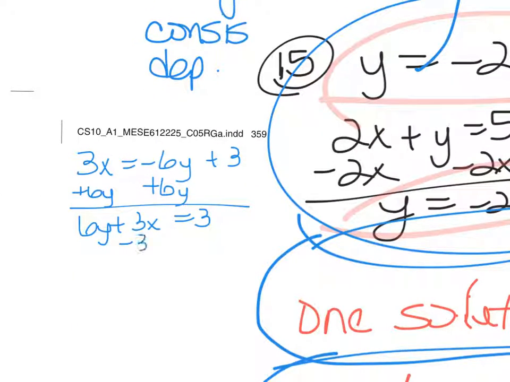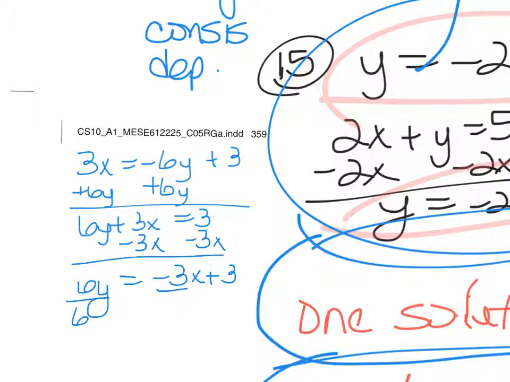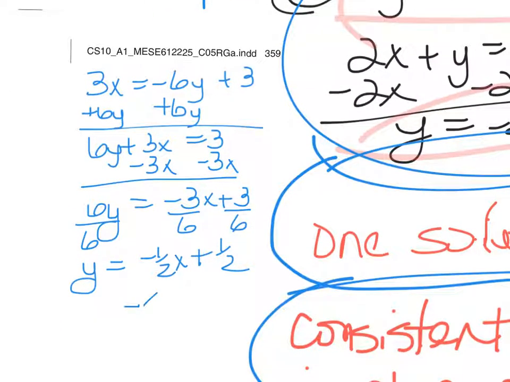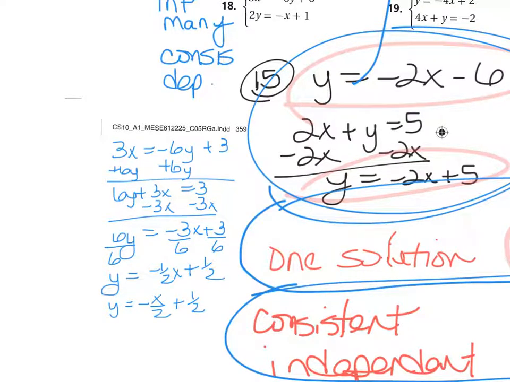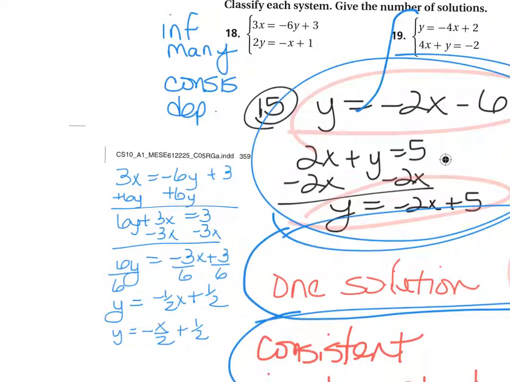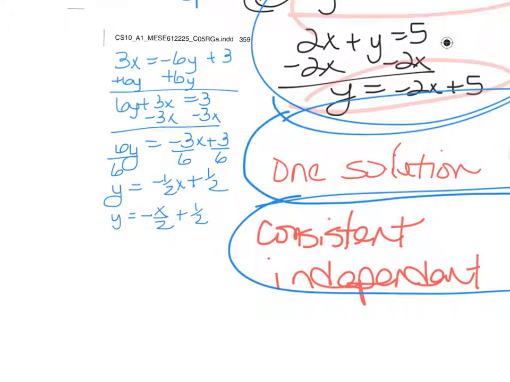Then you're going to move the 3x. 6y equals negative 3x plus 3. Divide everything by 6. And this actually turns into negative 1/2 x plus 1/2. Or if you left it as x, you could also have said it's negative x over 2. Either way, it's the same thing. The other one should have rearranged to the same thing. Did it? Let's see. Yes, it does.